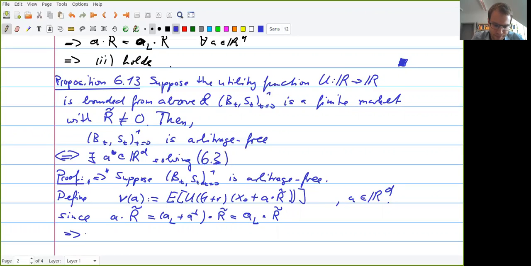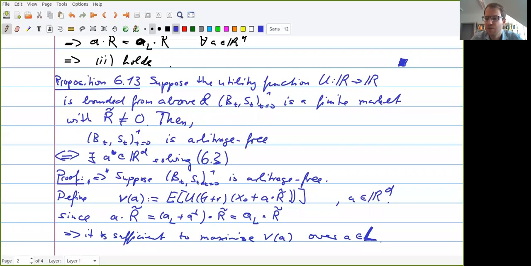Therefore, it is sufficient to maximize over a in L. Instead of considering the whole R^d, we only need to consider all these vectors in L, because the other ones are not contributing to our returns.